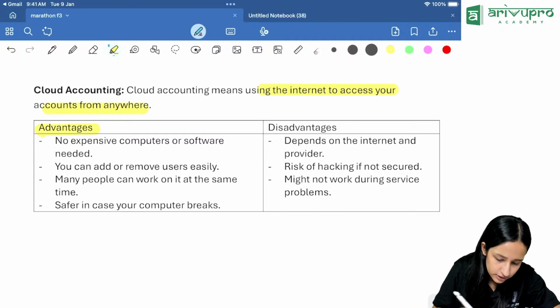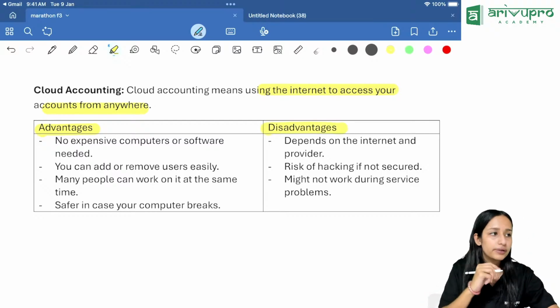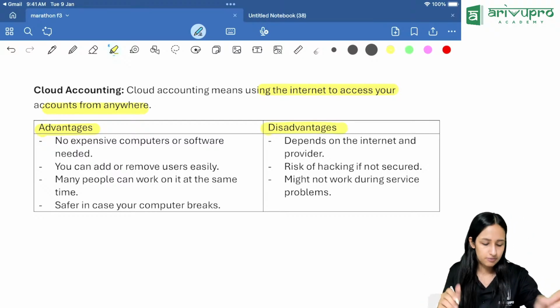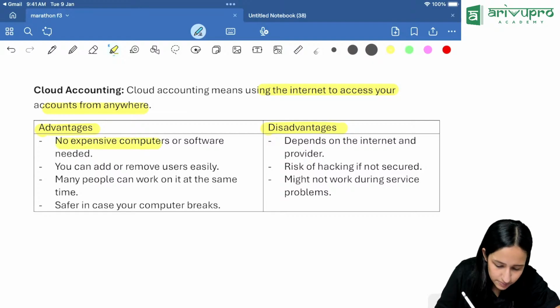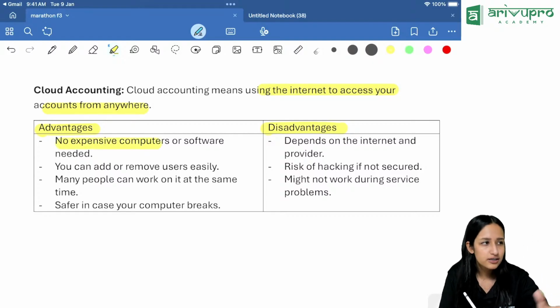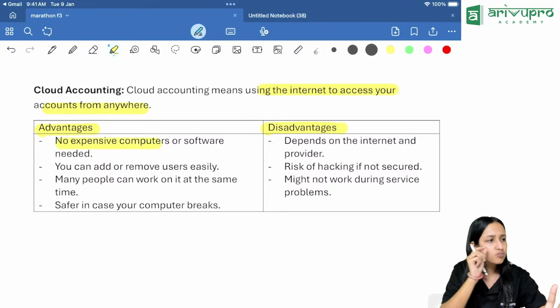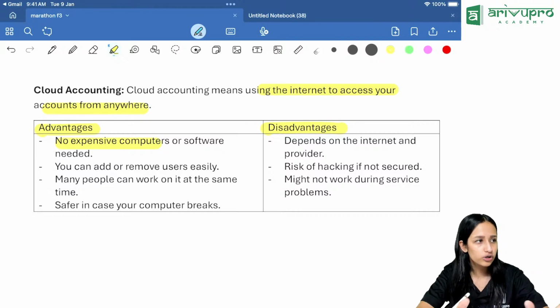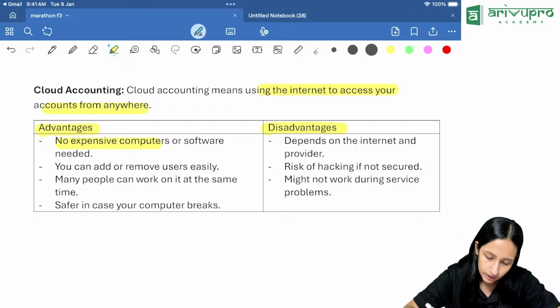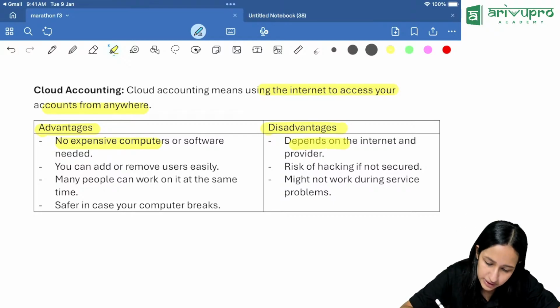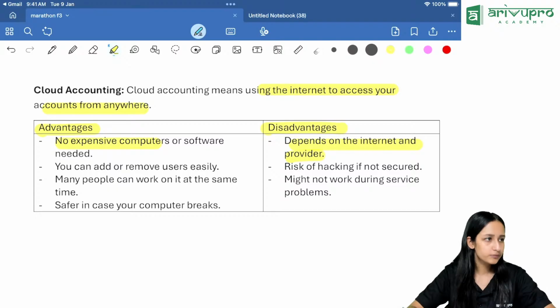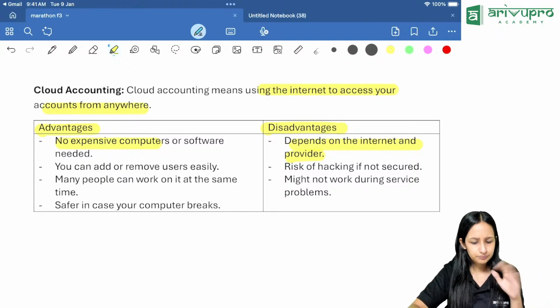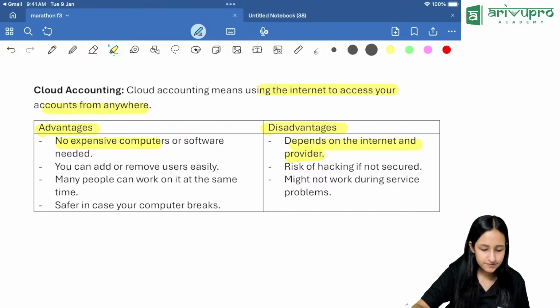What are the advantages and what are the disadvantages? Could be a tested question just for 2 marks maximum. Okay. Advantages: no expensive computers or software needed. We just need a software. We probably need to pay a little extra to get more storage, but everybody gets a free level. Disadvantage: depends on the internet and provider. If the internet provider and the provider of the software is not good, then we cannot be satisfied with it.